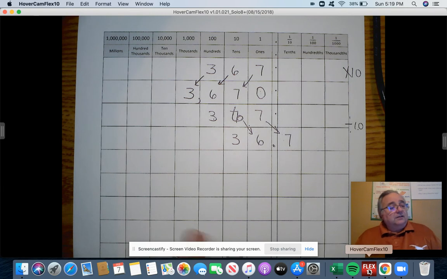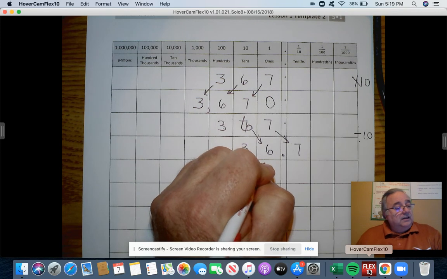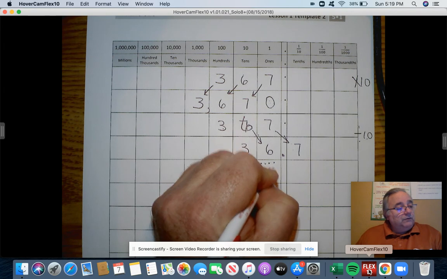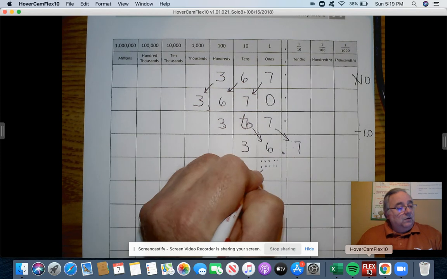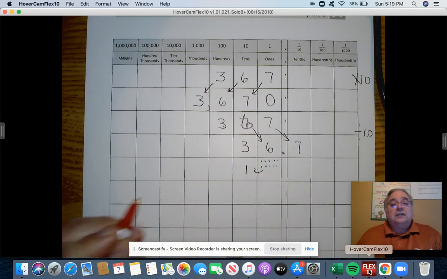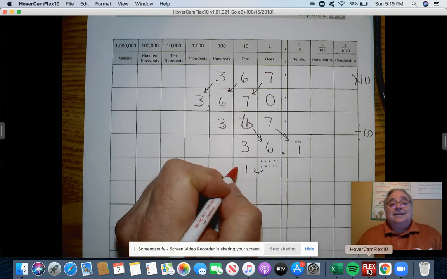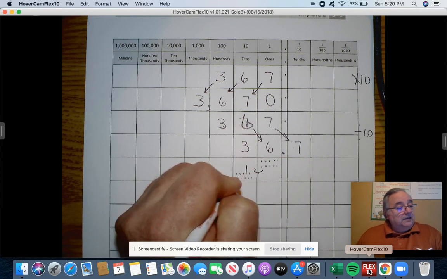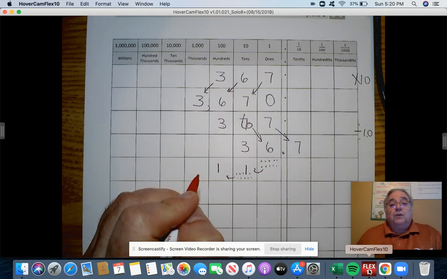That is correct. Why? Well, one reason is if we have 10 ones, 1, 2, 3, 4, 5, 6, 7, 8, 9, 10, that makes 1 ten. So if I had 10 tenths, that makes 1 one.